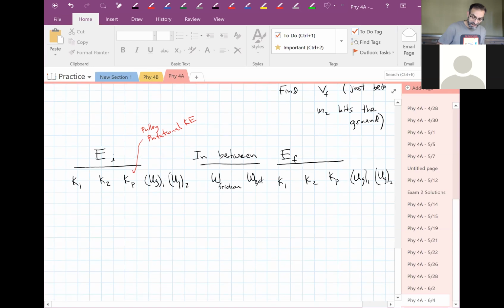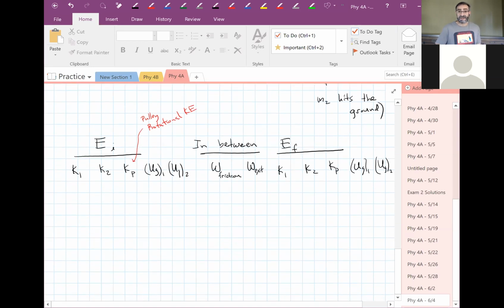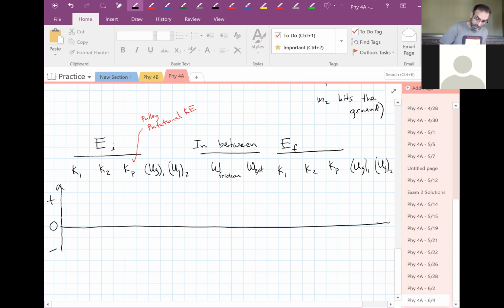I think that's everything that completes our chart. So let's go ahead and fill in our chart here. So here's our plus, 0, minus energy bar chart. Here's our equal sign, right? Let's fill it in.